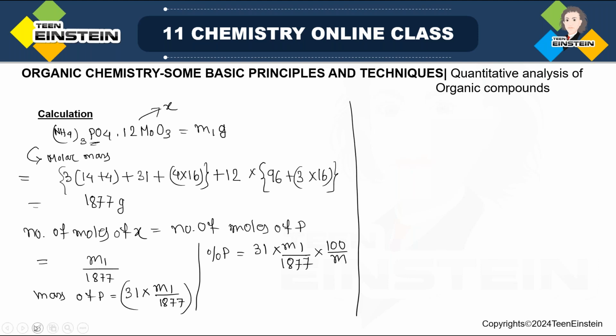This is for the first precipitate, but if you do the alternative method, now we have to find the mass of the precipitate we have obtained after ignition and drying, M2, but its molar mass also we have to calculate.